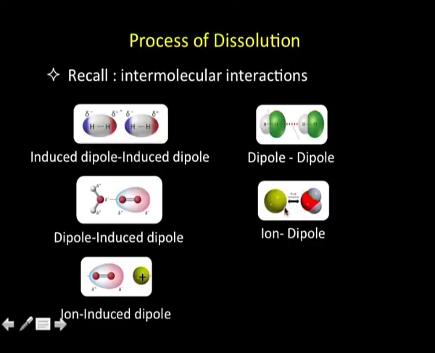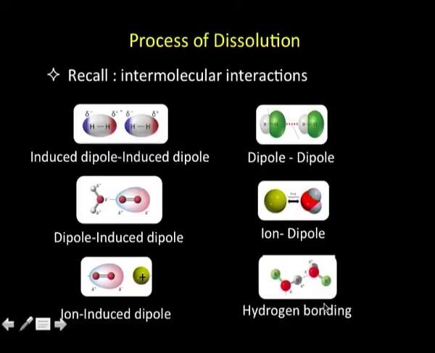This is very pertinent when we talk about dissolution in water, because water is a dipole and ionic solid in water, this is a very predominant kind of interaction. Then we also have hydrogen bonding, which is typically a very important interaction, because water is highly hydrogen bonded. So, these interactions have to be broken for solution to be formed.